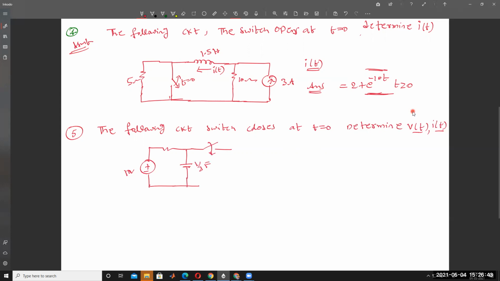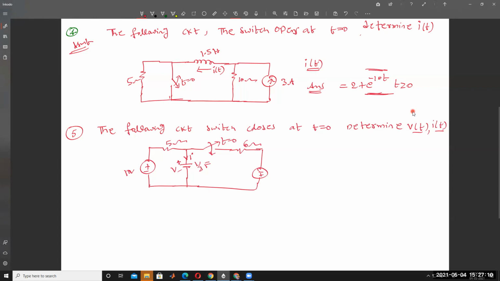So like this is the circuit, with t equals 0, and this is the 6 ohm resistor, minus plus. Okay, so 1/3 farads. This is the current I, and the voltage is V. It's a 5 ohm resistor.